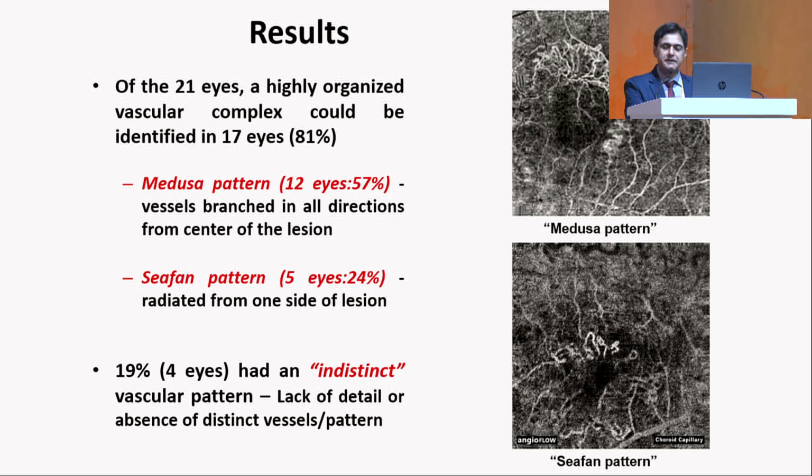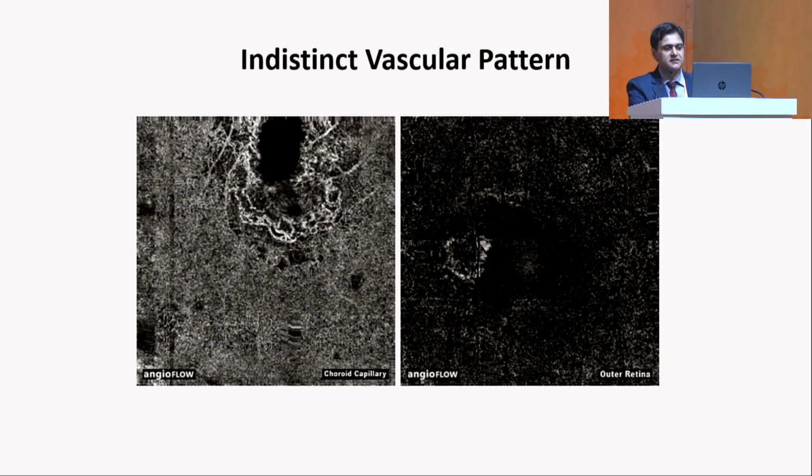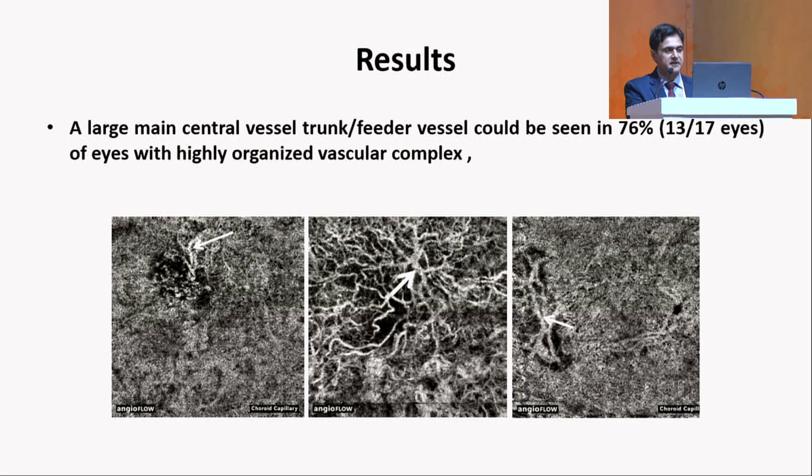Around 20% of the patients had an indistinct pattern, lacking any well-defined vessel pattern. These are a few pictures of indistinct vascular patterns which could not be categorized into a medusa or a C-fan. A large main central vessel could be seen in 76% of the cases.